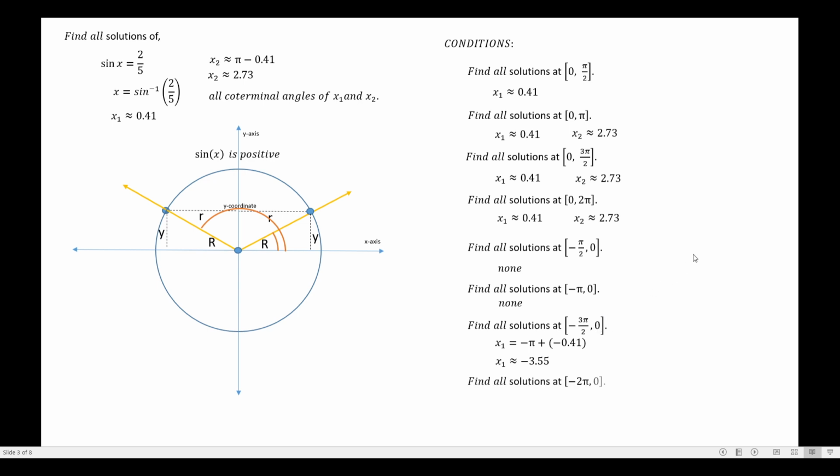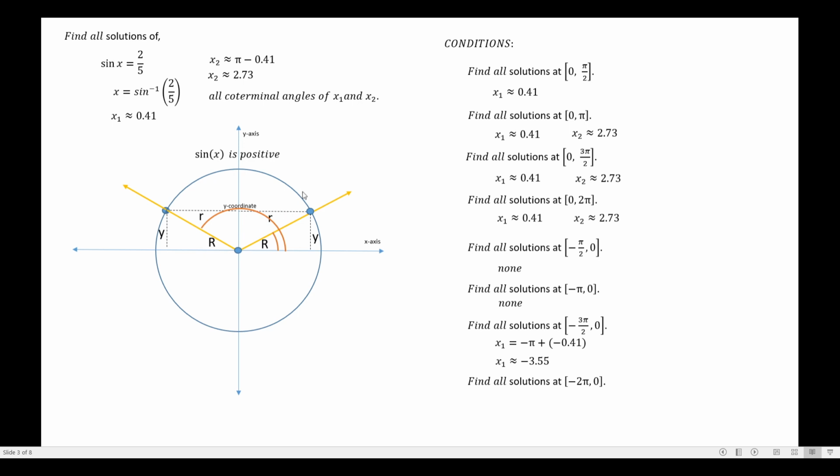Then, from negative 2 pi to 0, that means one full revolution in clockwise rotation. If you illustrate this interval, that means from negative 2 pi here to 0, going back. But again, we will consider all negative values.